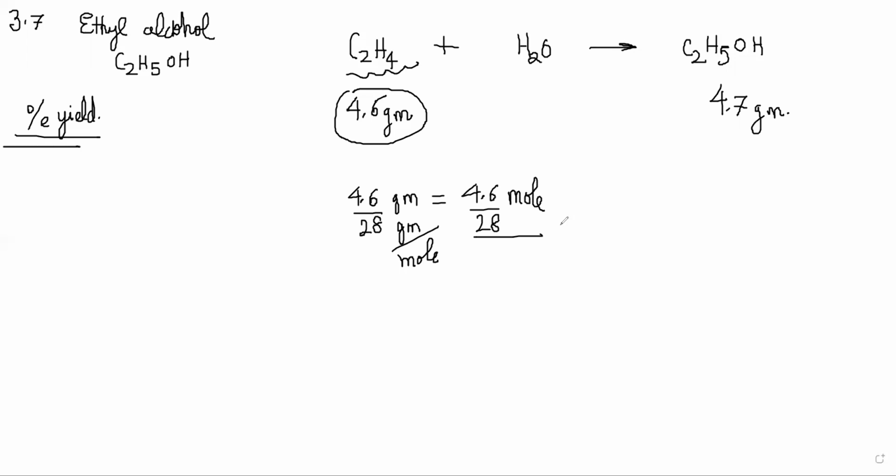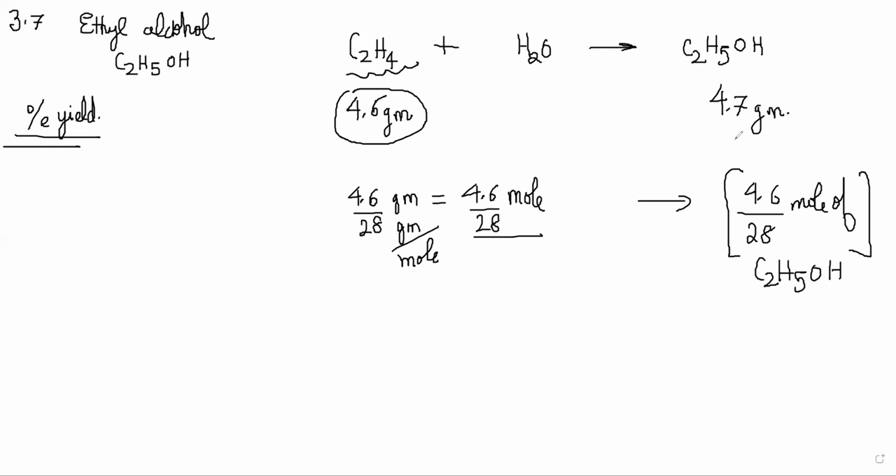So that many moles should give that many moles of product, no? 4.6 by 28 mole of C2H5OH should have come out. However, we will find that this mass will be greater than this. So the actual amount of C2H5OH is not that much. It'll be less. So let's calculate the theoretical amount that should have come out.